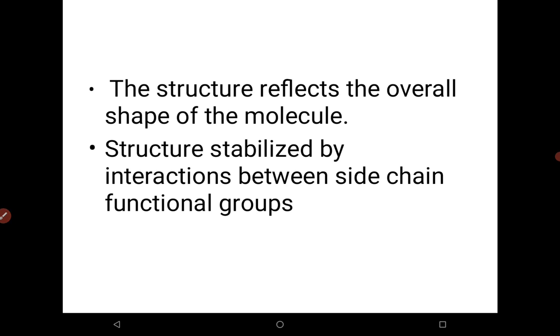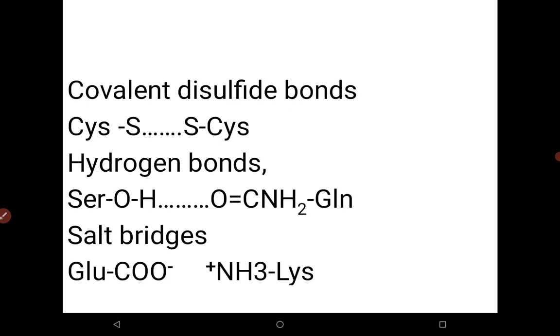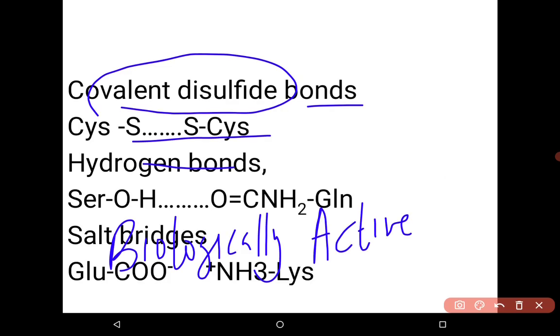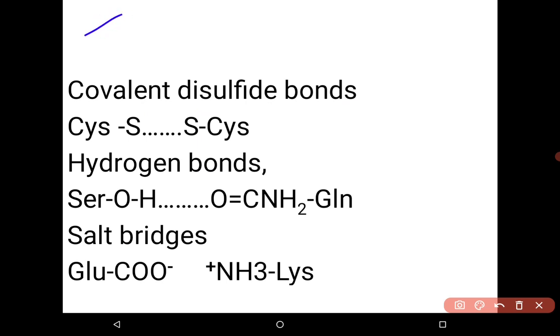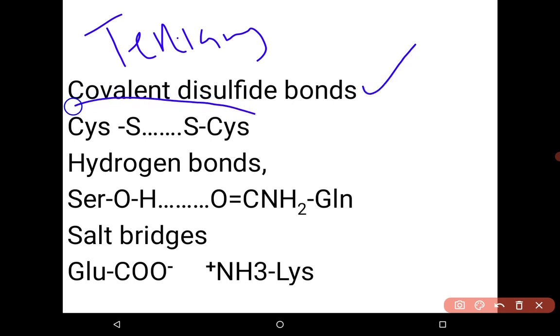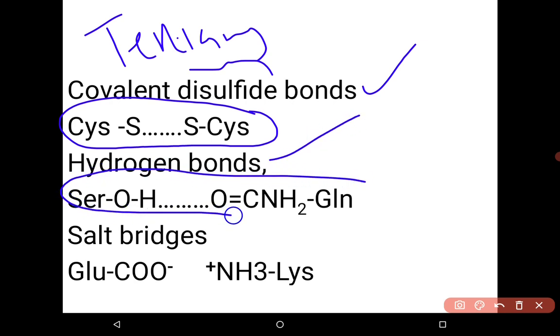The structure here is stabilized by many interactions between the side chains. These are the interactions that you are expected to see in the tertiary structure. It has covalent disulfide bonds that are formed between amino acids that contain a sulfur, so it's called disulfide. You also have hydrogen bonds that are also found in the secondary structure.